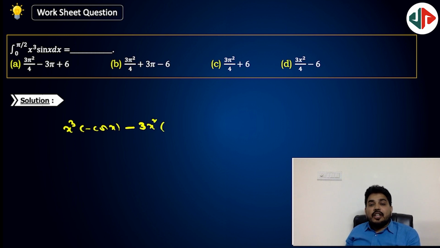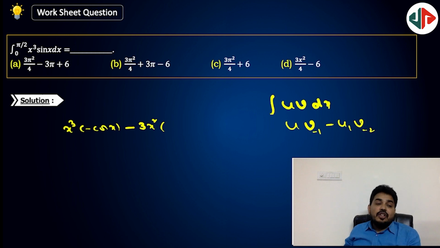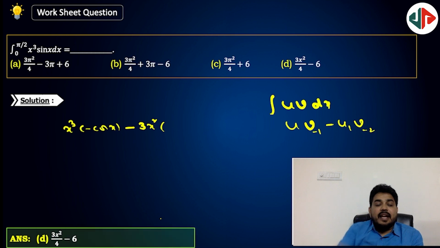Keep on doing integral of u into v: u into v minus 1, minus u dash into v minus 2, etc. From there you can solve and you will be getting this answer as 3x square by 2 minus 4. No, this x square will not be there. That x square will be replaced with pi. Okay.